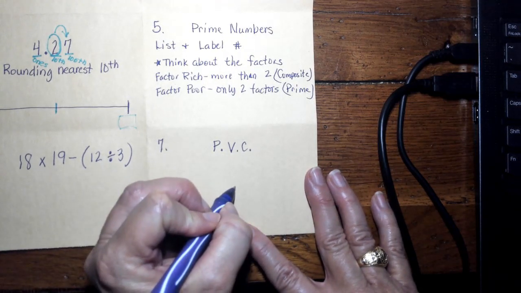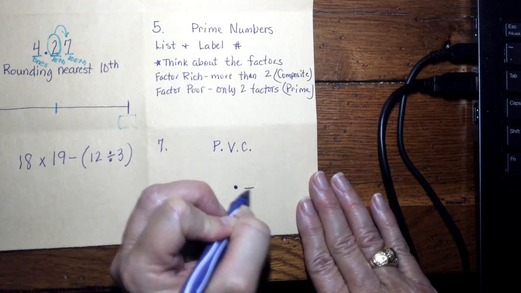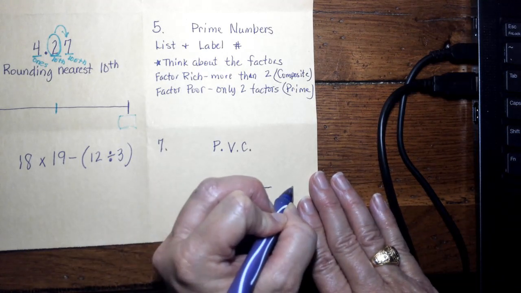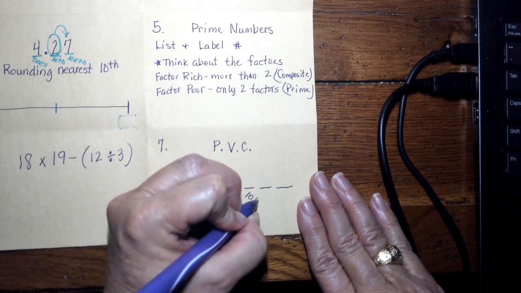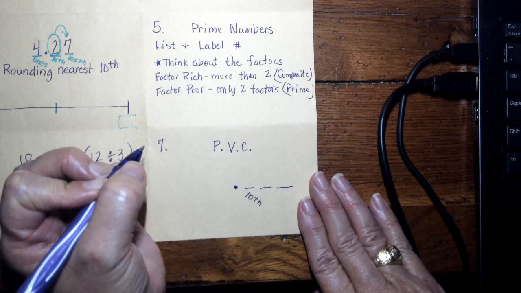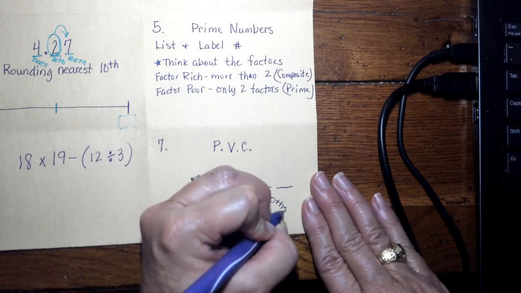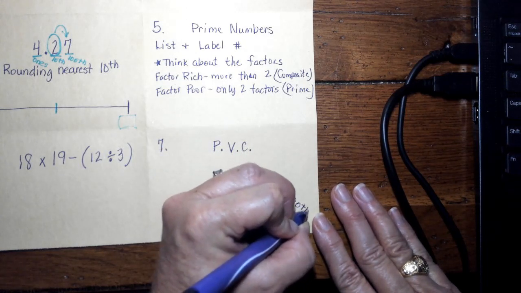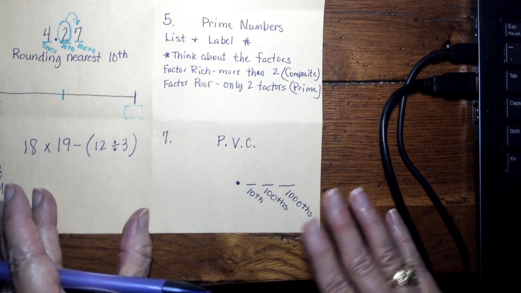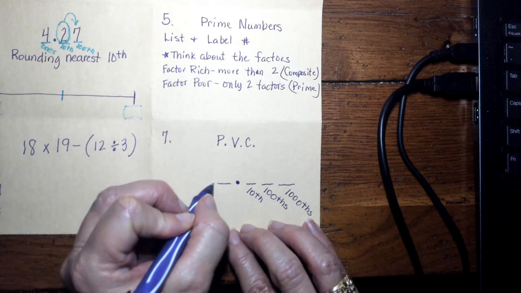So I'm going to go ahead and make my decimal point, and knowing that behind my decimal point I have 3 places. So I have the tenths place that's right behind the decimal, the hundredths place, and then the thousandths place. In front of the decimal, we have our whole numbers.